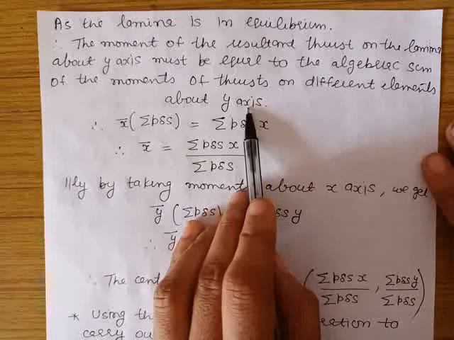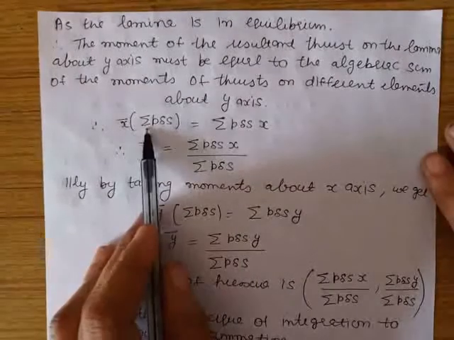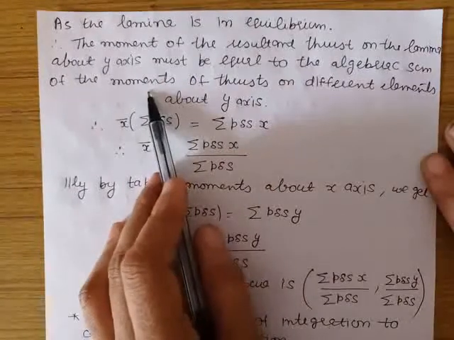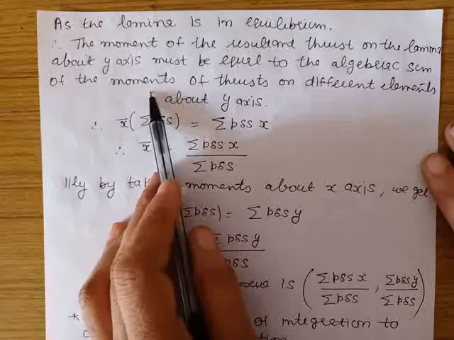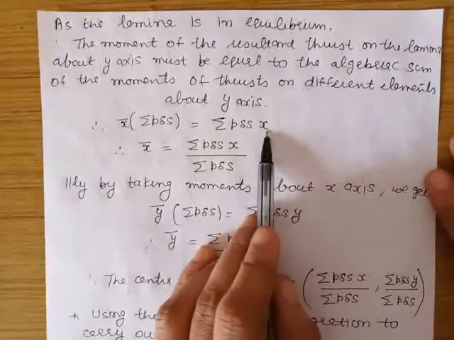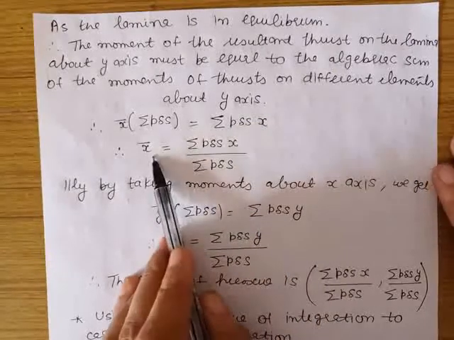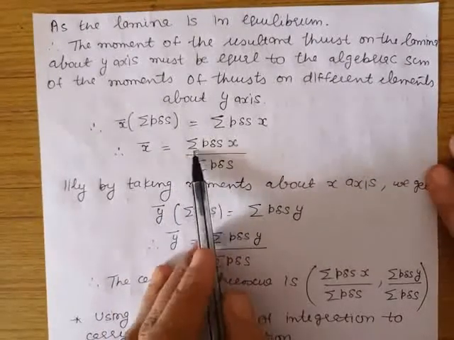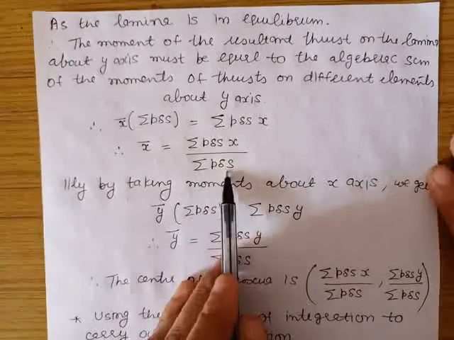The moment of resultant thrust about the y-axis is x bar into summation p delta S, and the algebraic sum of moments of the thrusts on the different elements is summation p delta S into x. Now equating the two, we can find the value of x bar. So x bar is given by summation p delta S into x upon summation p delta S.